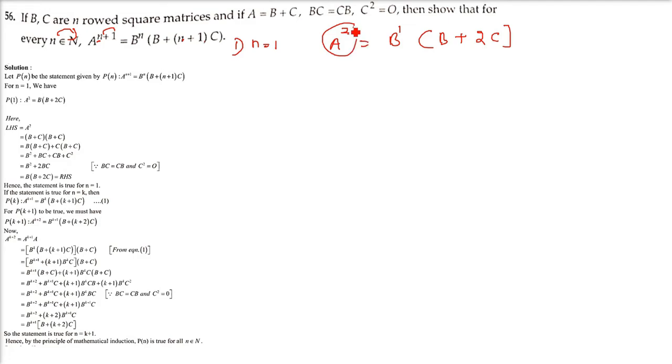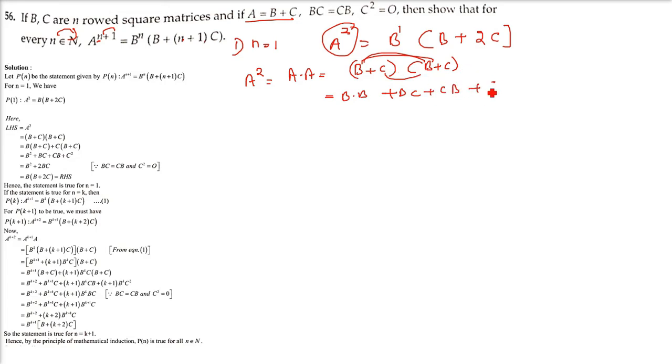Let us see what A square is actually coming, because A square is nothing but A dot A. A is given B plus C, so we can multiply B plus C and B plus C. Multiply each and every element, B into B, then B into C, then C into B, then C into C, C square. This is B square.